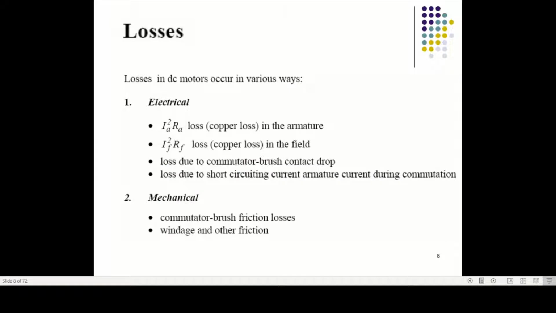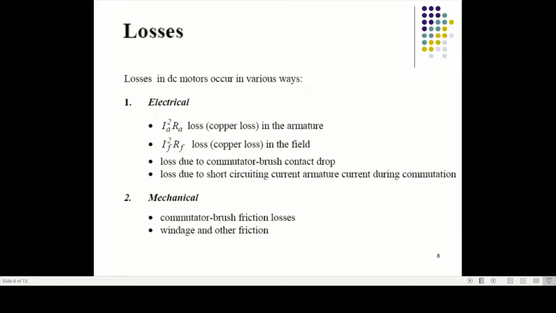As we know, energy neither can be created nor it can be destroyed. It can only be transferred from one form to another. And in DC motor, electrical energy is converted into mechanical energy. And then during this process, the total input power is not transformed into output power.